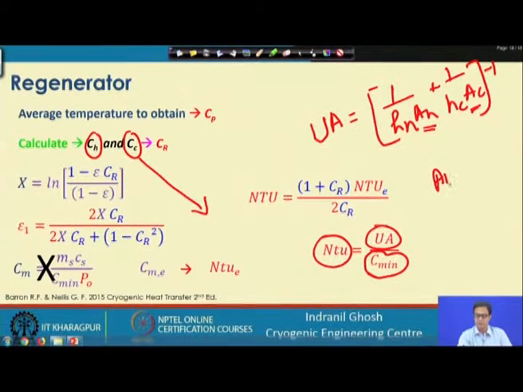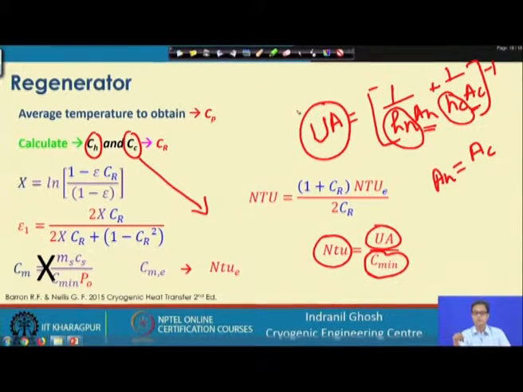In the case of a fixed bed regenerator, AH is equal to AC, and we can take it outside. Also, we need an estimate of HH and HC, the heat transfer coefficients for the hot fluid stream and the cold fluid stream. Accordingly, we already have an estimate of this UA.